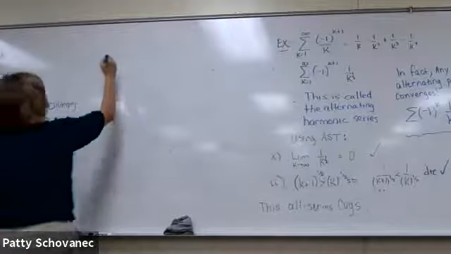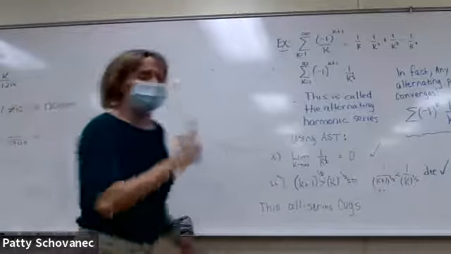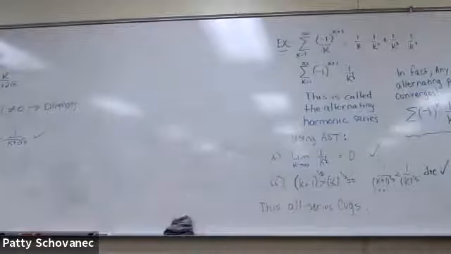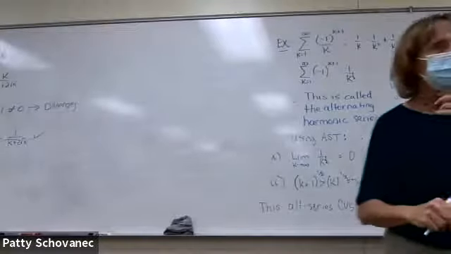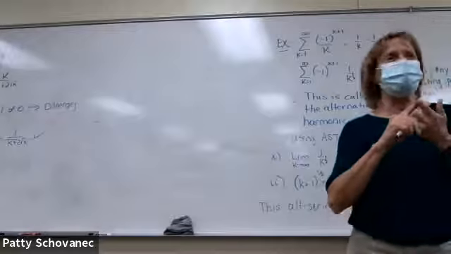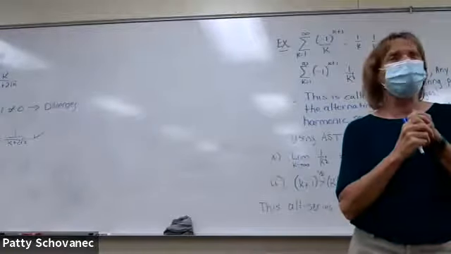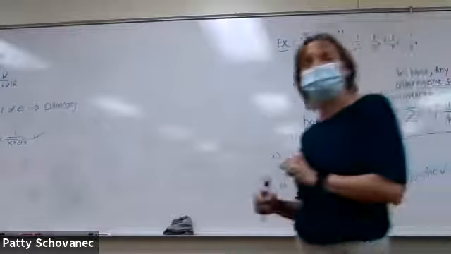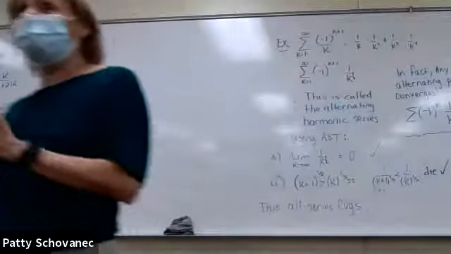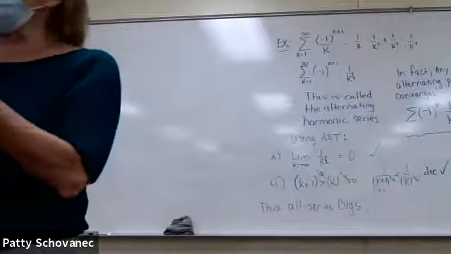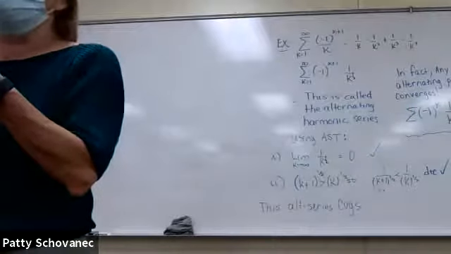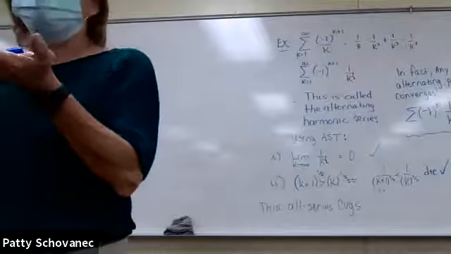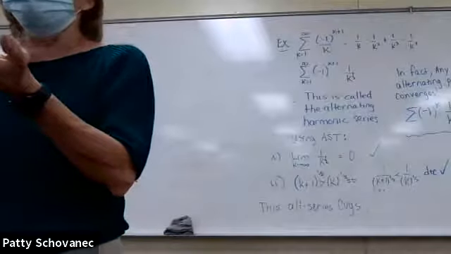All right, so next part. Oh, I got to tell you this part. This part's important. In an alternating series, we have a way of approximating what the sum of the alternating series is if it's convergent. If we have a convergent alternating series, we can approximate the sum of that infinite series to whatever level of accuracy we want with a formula.